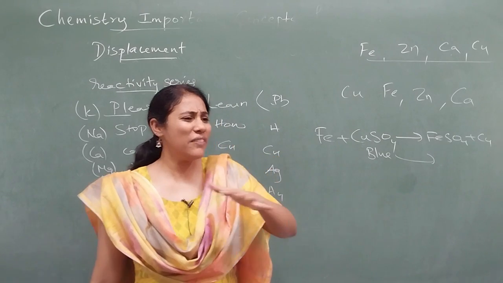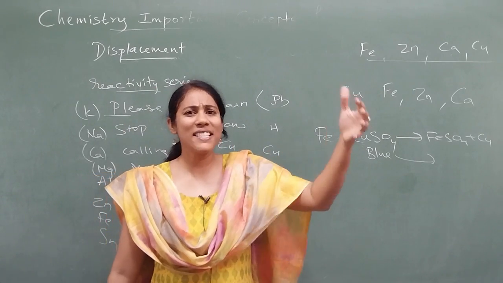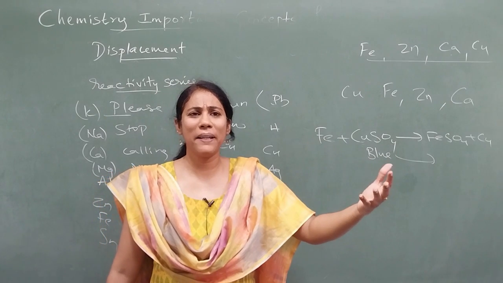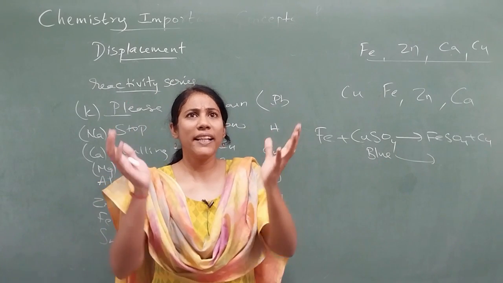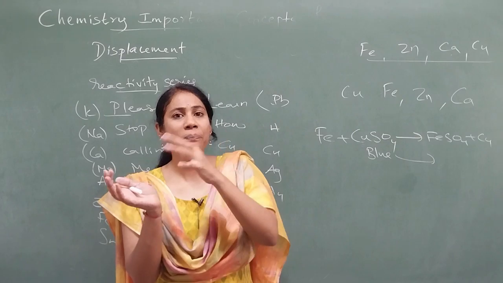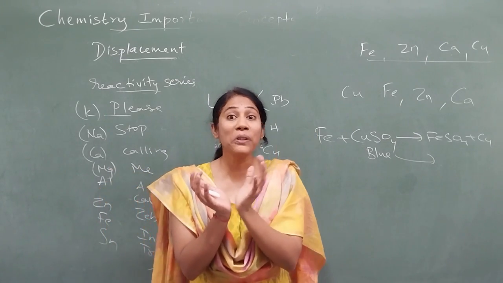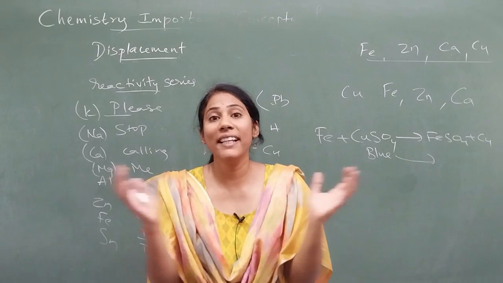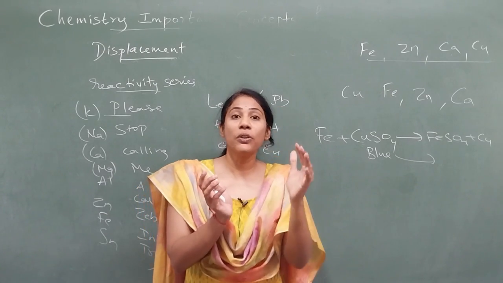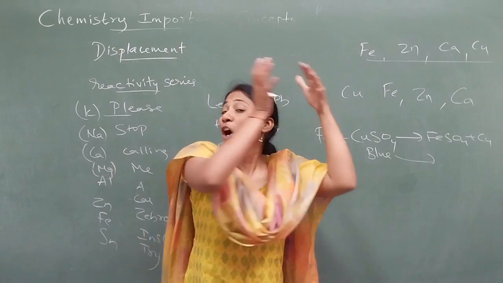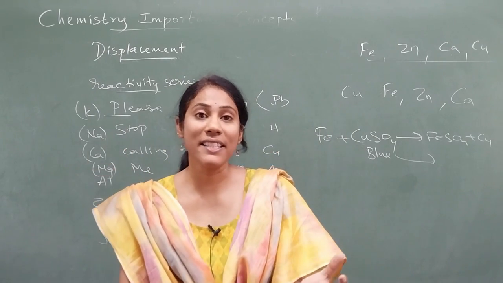Whatever it is, whenever the rod is dipped in the solution, color change happens. How can you coat something without any electricity? How can you coat an iron rod without any electricity? How can you give a coating of some element onto some element without electricity?